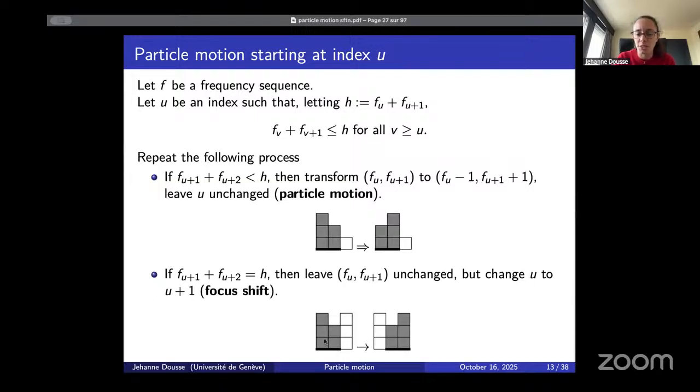So instead of focusing on this pair of frequencies, you focus on the next pair of frequencies. And later, when we do particle motion, we will apply it many times in a row. So the idea is that more or less you will start by applying it as long as you can. And at some point you will have this condition satisfied. So then you will need to move to the consecutive pair of frequencies to apply it again.